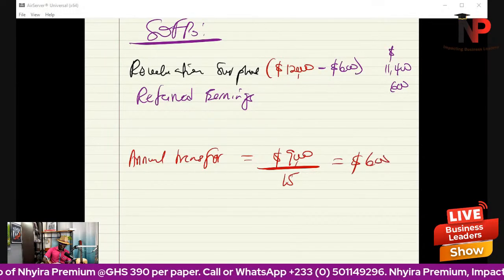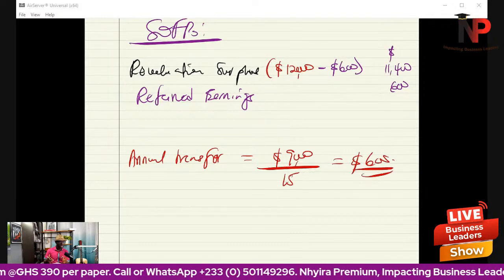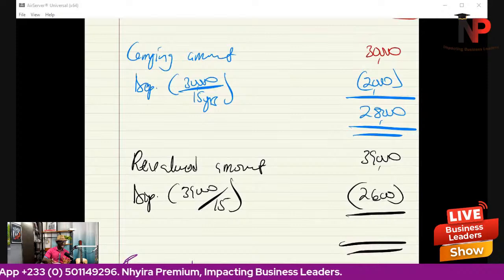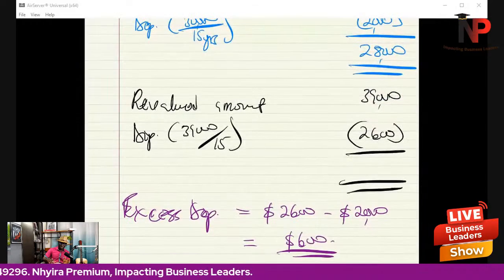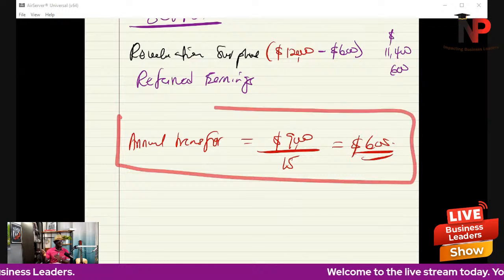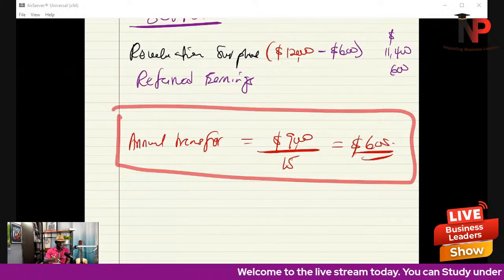You don't have time in the exam, so instead of going through this headache of finding the depreciation under the carrying amount and the difference, just do this, and boom, you're done. You've saved some time there, and you can use that time on something else.